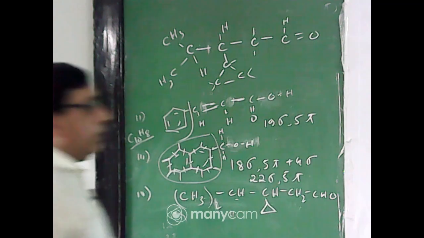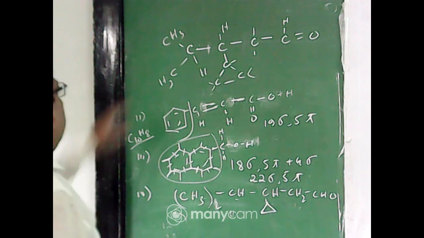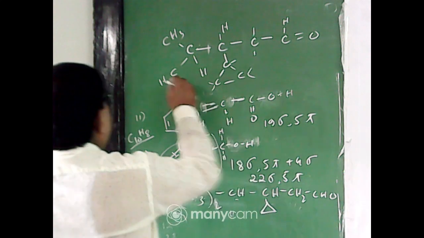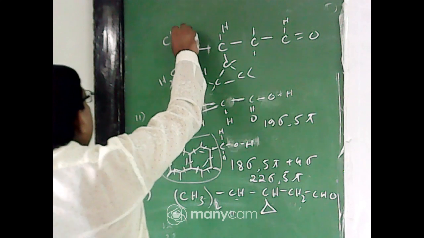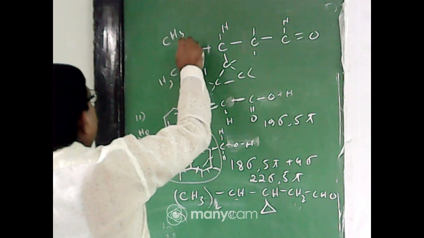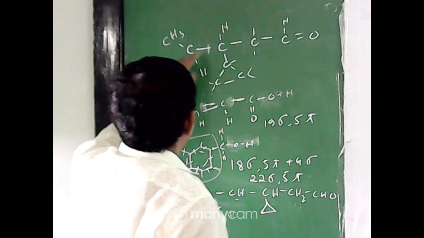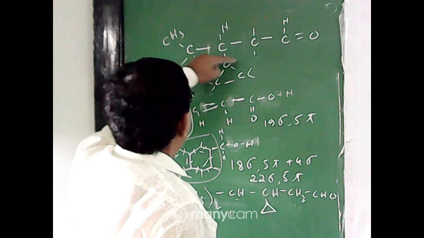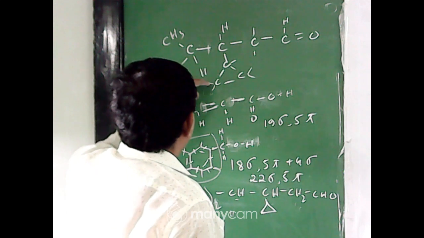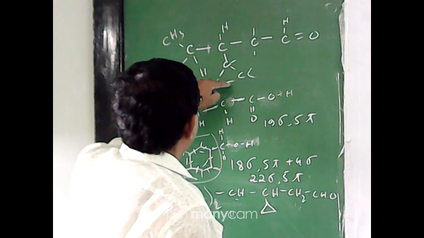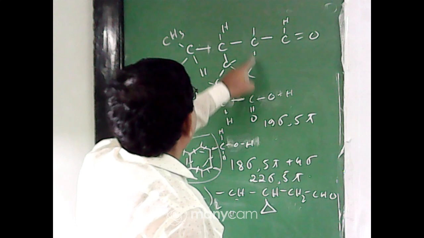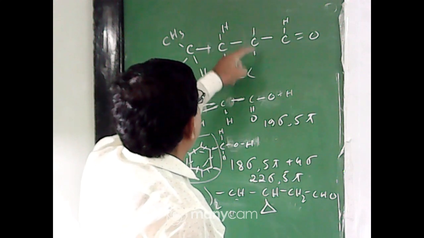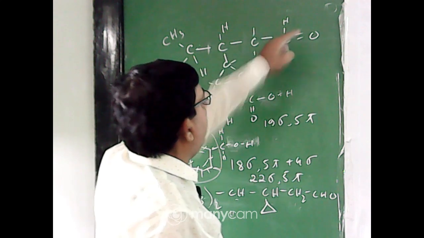Now count the sigma bonds and pi bonds. Here 3 sigma, here 3 sigma, 3, 3, 6, 7, 8, 9, 10, 11, 12, 13, 14, 15, 16, 17, 18, 19, 20, 21, 22, 23, 24, 25, 26, 27.